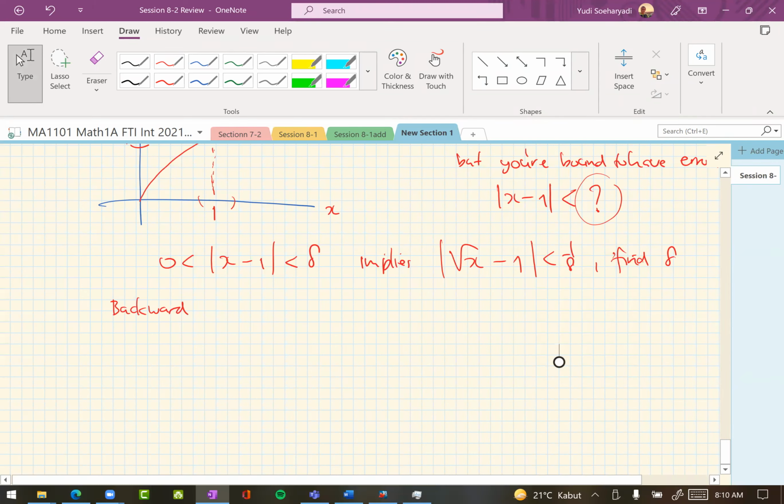What do I mean by working backward? Well, let's start from the square root. Somehow you have to transform this into something times x minus 1, and if you assume this is less than delta, then this will be something here.